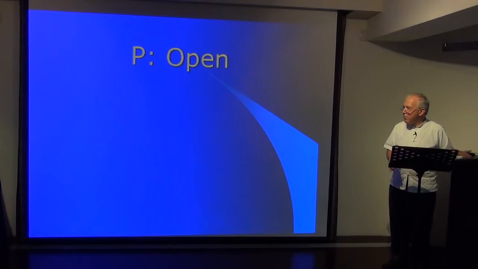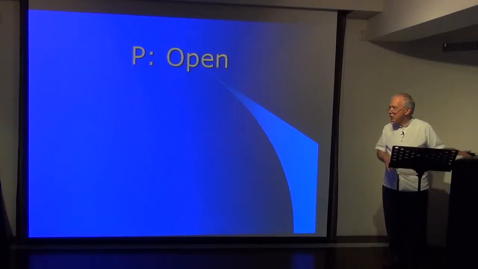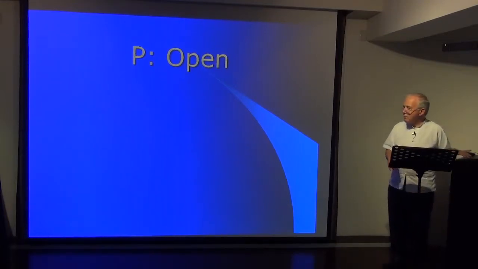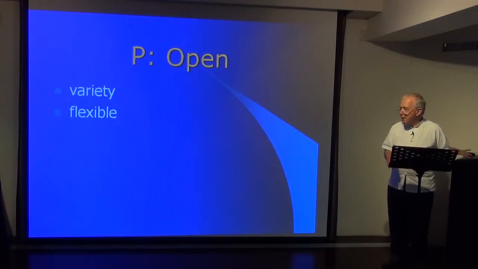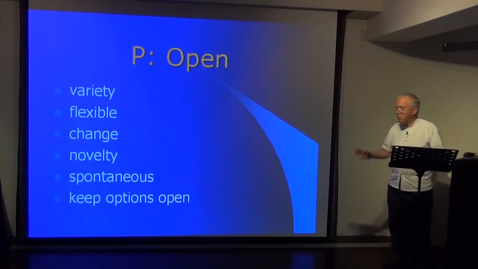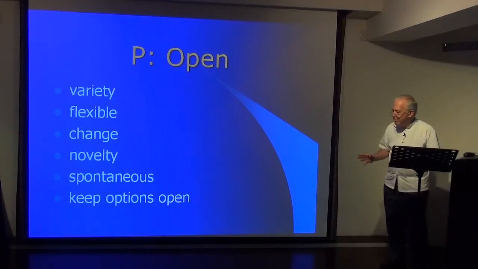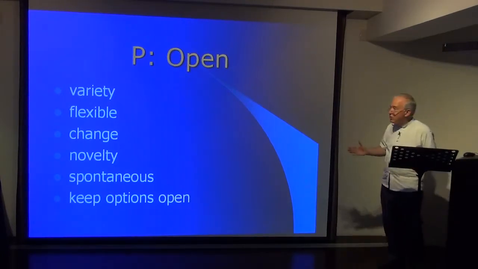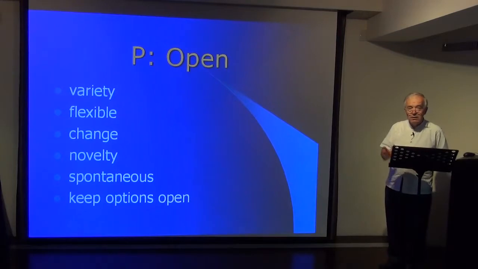Finally, the final pair, Myers-Briggs calls it P. Doesn't matter what it stands for. I like to use the word open. The high P, they like variety, flexibility. They like change. They like new, novelty, spontaneous. Keep options open. Now, is that good for language learning?